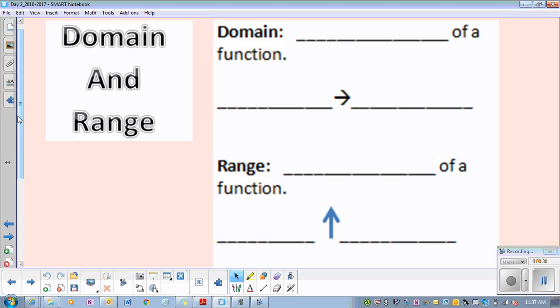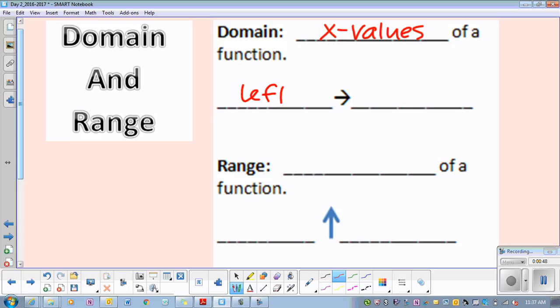Domain and range. So domain is talking about the x values of a function, right? And we read the domain from left to right. Okay, and here, just as a note for ourselves, let's write this down.